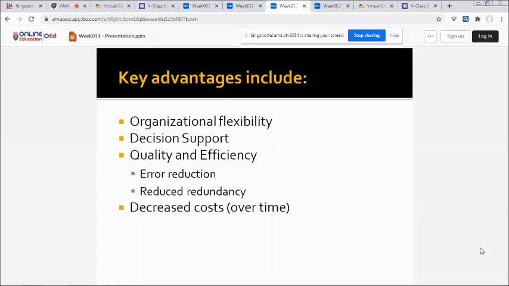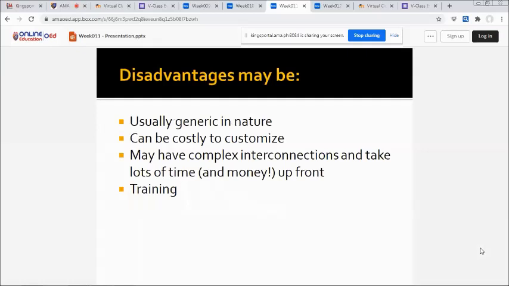While the disadvantages are that it is usually generic in nature, it can be costly to customize, may have complex interconnections, and takes lots of time and money upfront and training.